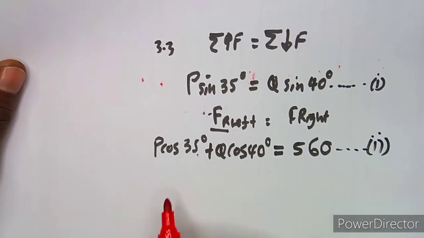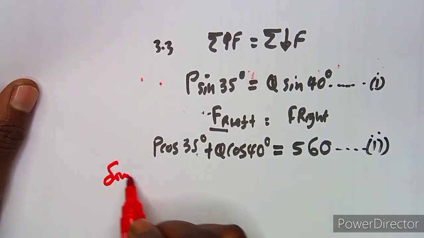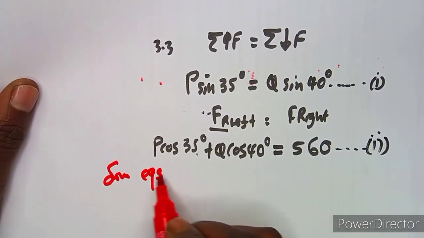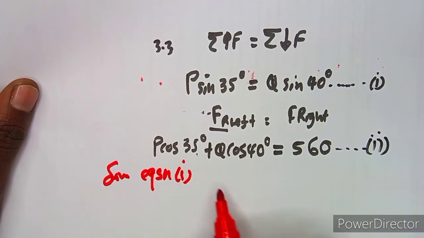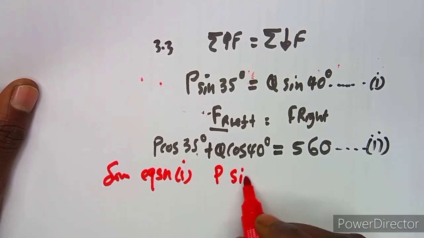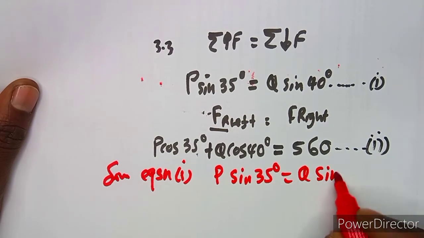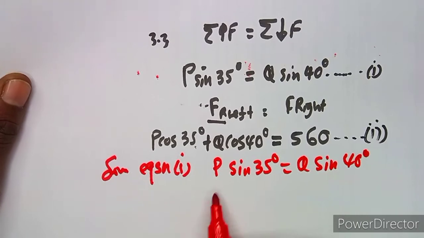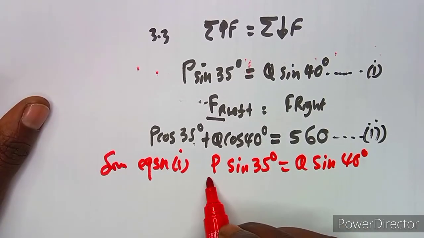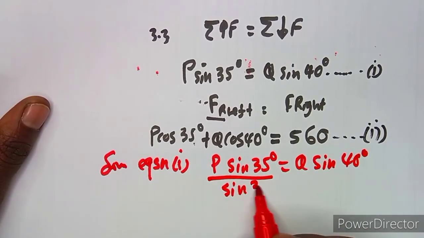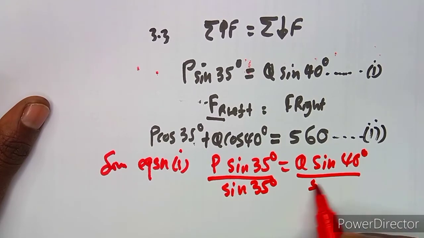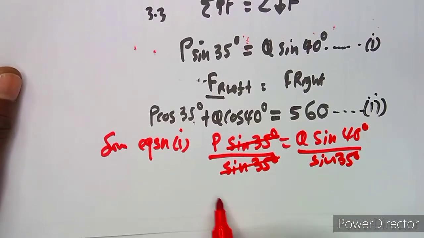All right, so from equation 1, we have P sine 35 degrees, which is equal to Q sine 40 degrees. So let's just make maybe P the subject, which means I'm going to divide by sine 35 degrees, divide by sine 35 degrees like this. So these two definitely are going to cancel.